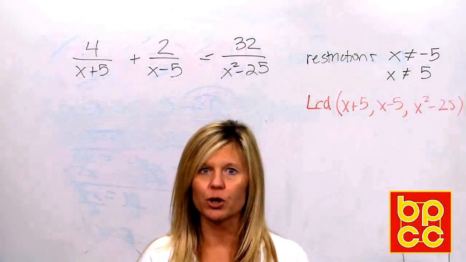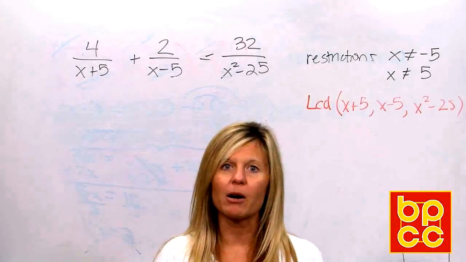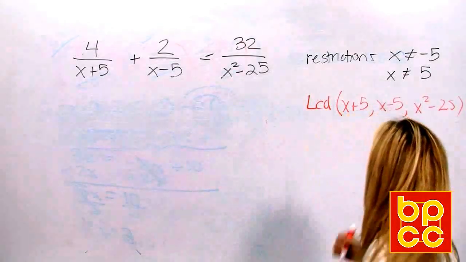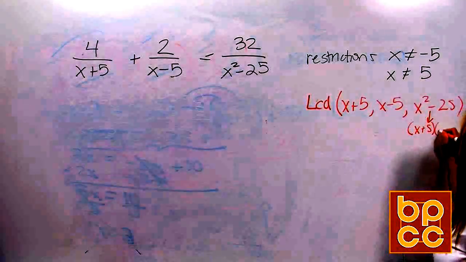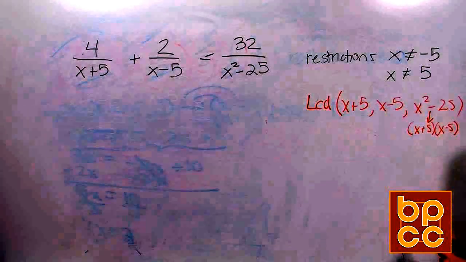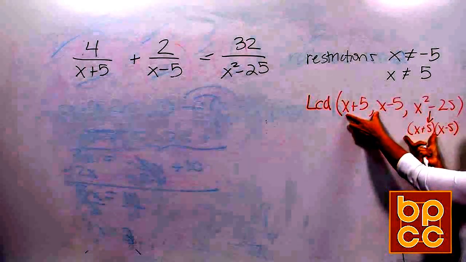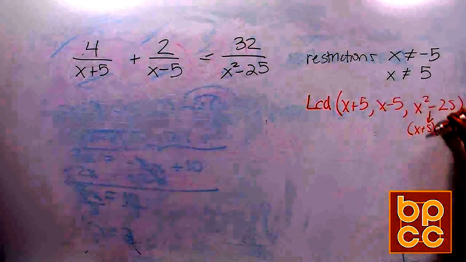But again, here's another thing. You learned in good old Algebra 2, 99, that when you get an LCD, all your denominators have to be in lowest terms. They have to be factored. So you got to recall that this factors to be x plus 5 and x minus 5. So to get the LCD, you need 1 x plus 5 and 1 x minus 5.